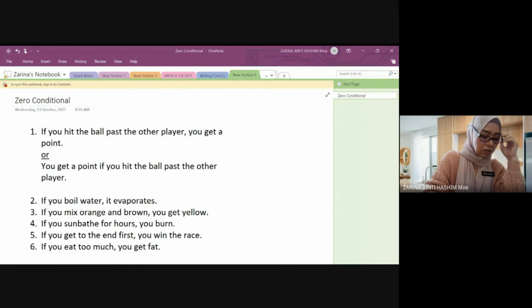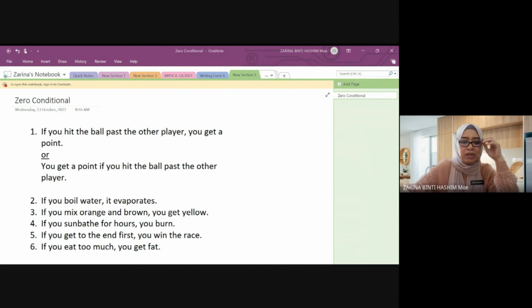Remember, for first conditional, you can use words like will, could, or may, or you can also write should. Either may, might, should, could, will. All the modal verbs, all the helping verbs, you can use that.